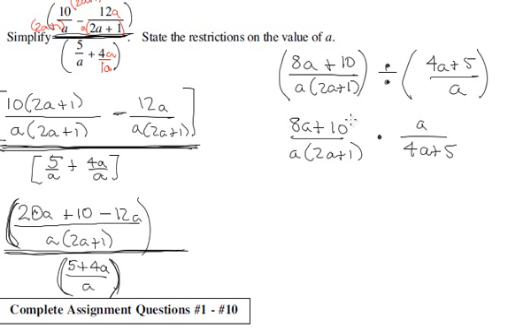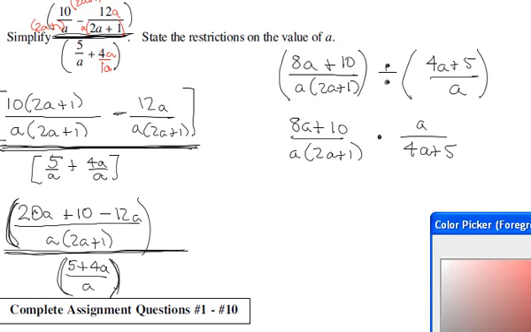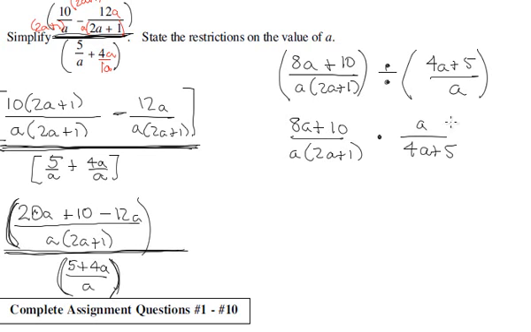Can we cancel anything? We can cancel the a's. That's easy enough. And there's something else. Do you see it? When I came up with this 8a plus 10, I actually didn't factor this as far as I could, but it can be factored.